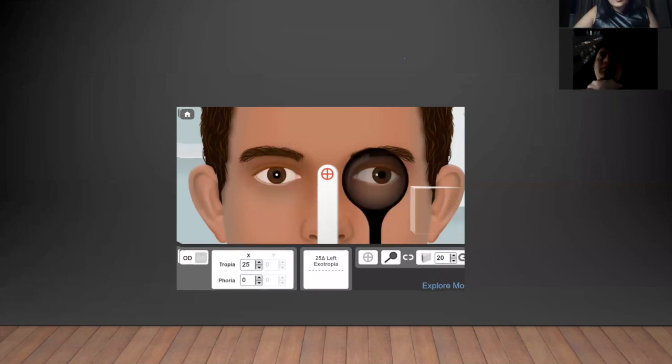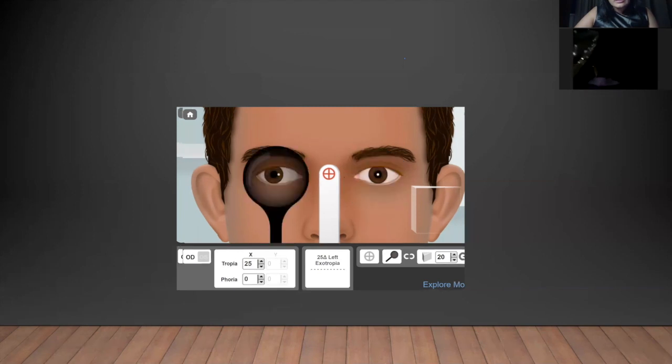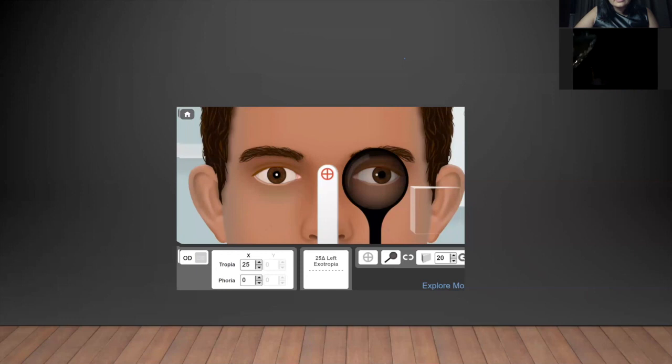But now I'm going to quickly shift the occluder to the other eye, without allowing the left eye to fix. I just quickly shifted the occluder to this eye. And now you see that the right eye is fixing and the left eye is going from out to in. What does this mean?